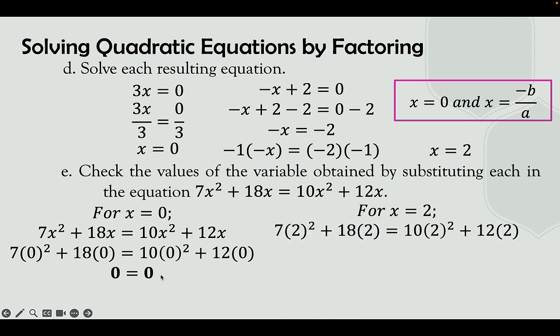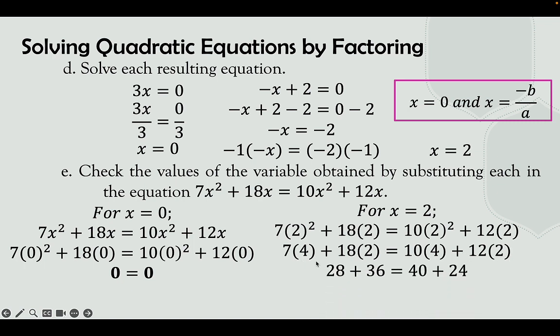Let's try 2. So we have 7 times 2 squared plus 18 times 2 equals 10 times 2 squared plus 12 times 2. So we have 7 times 4 is 28, 18 times 2 is 36, 10 times 4 is 40, and 12 times 2 is 24.